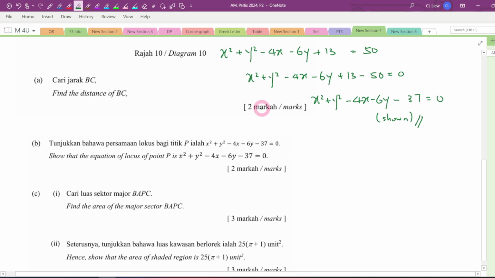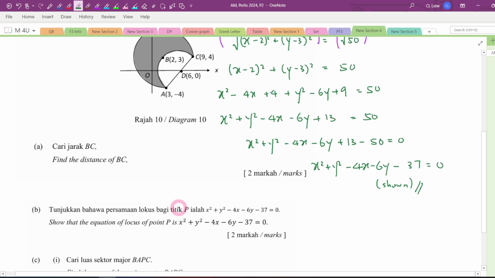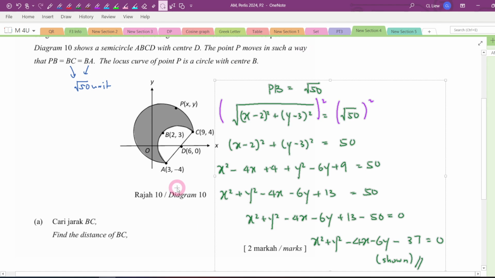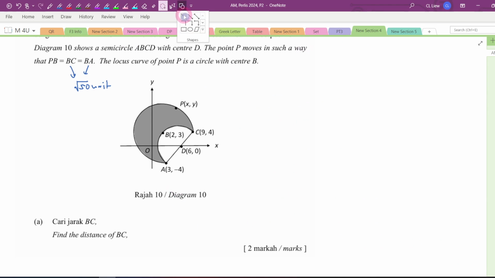Now, let's try the last part. Find the area of the major sector BAPC. Okay, major sector BAPC will be here. We are looking for the area of this major sector.